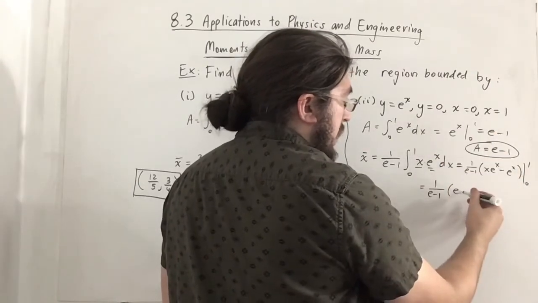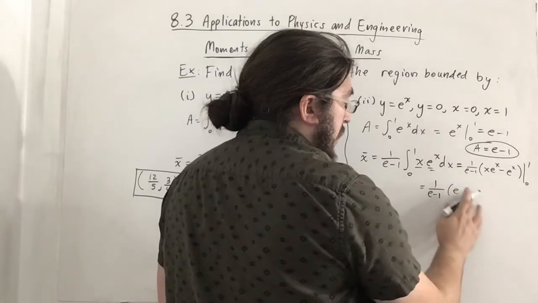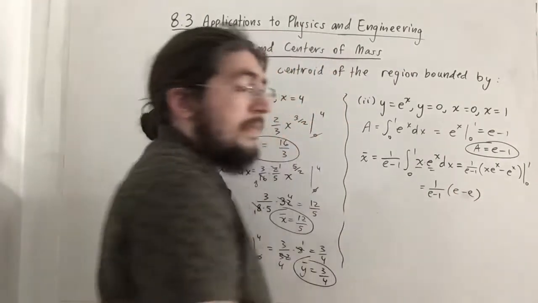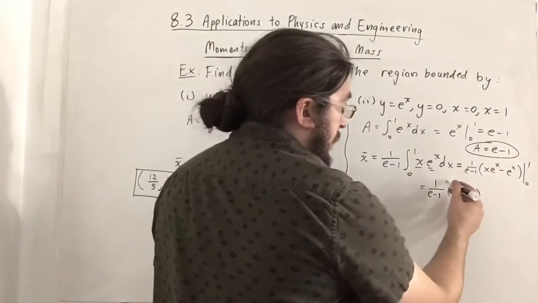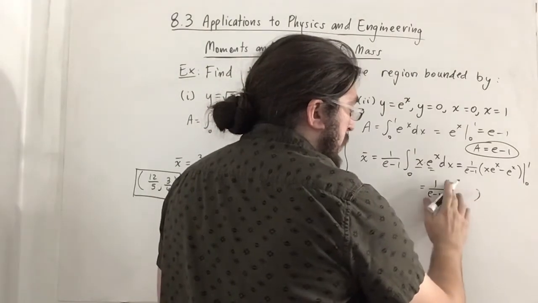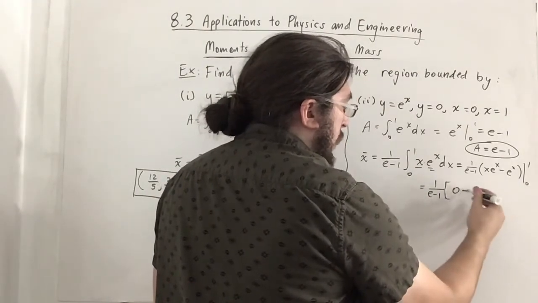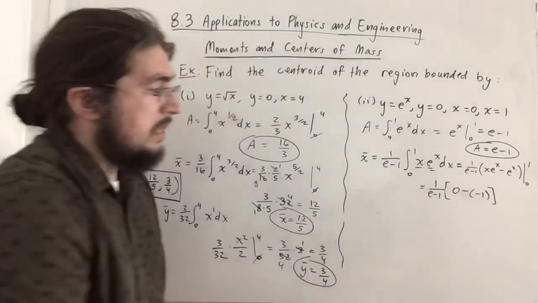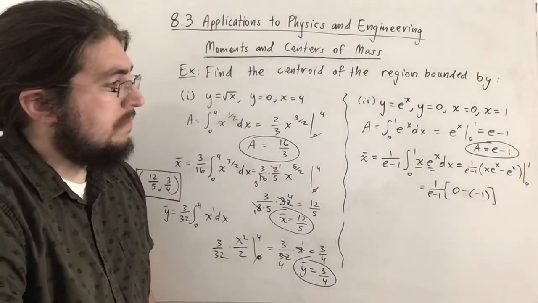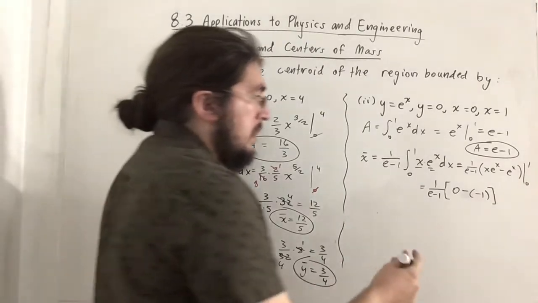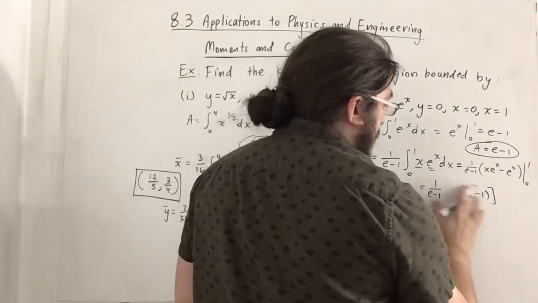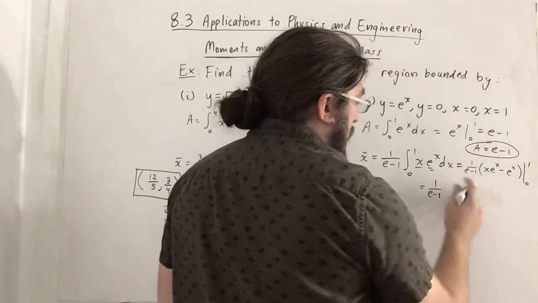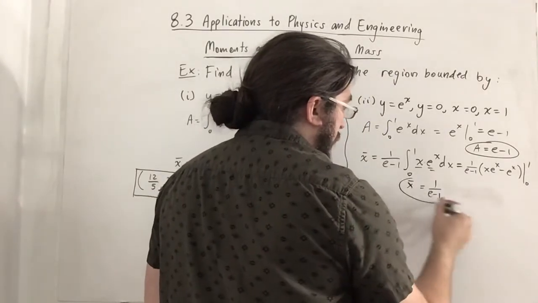So it's e minus e for the first term, and e minus e is just 0 actually. So really we get 0 minus that -1 that's been waiting for us. And notice really that's just +1. So really this is just 1 over e minus 1. So that's our x bar here.